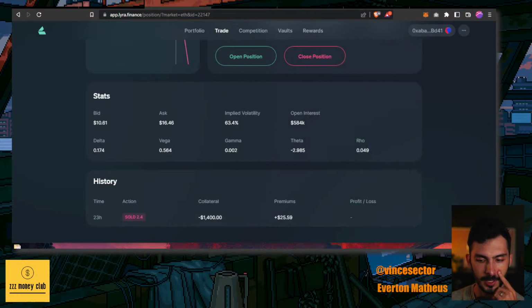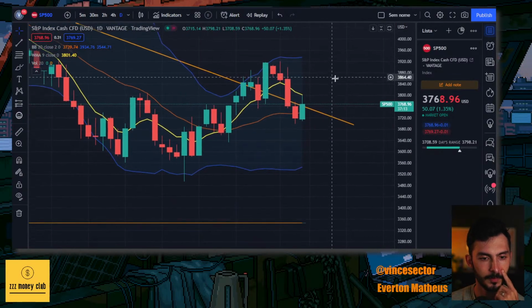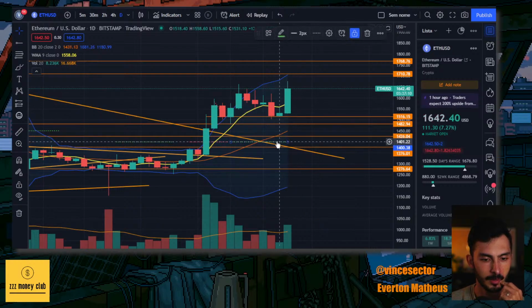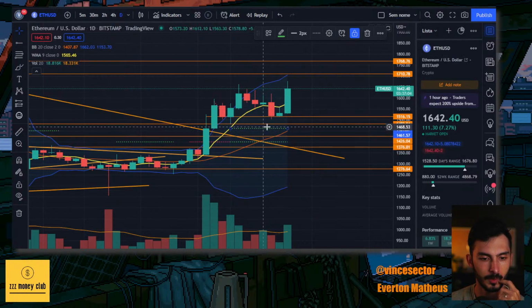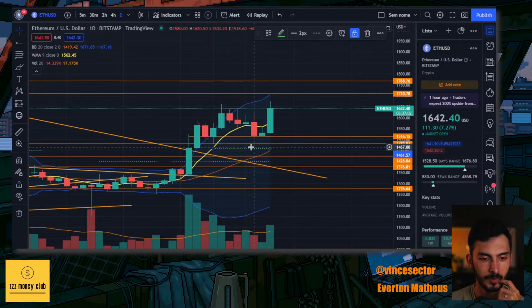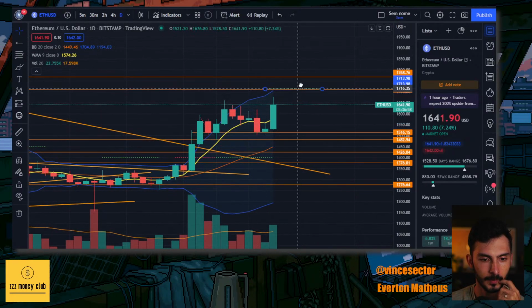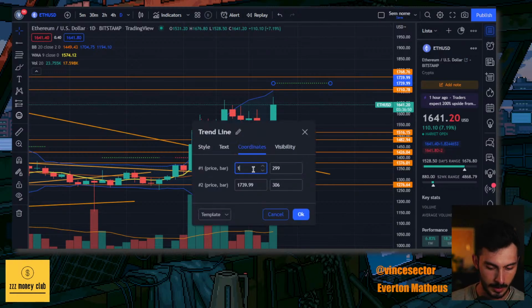So what I usually like to do is then I go here on my TradingView, open Ethereum, and I mark this right here. I duplicate it, see, clone, there you go. And then I move this, it's locked. I move this right here, and it should go all the way to November 11th. And then I put it at 1,800.